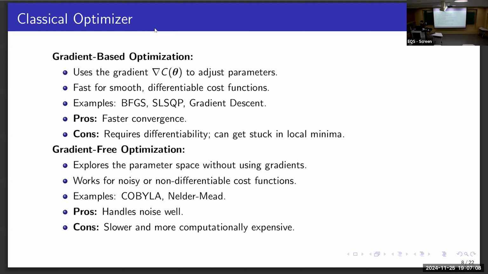The good thing is faster convergence, but it requires differentiability, and we can get stuck in local minima. That's the con. Gradient-free optimization works for noisy or discrete cost functions as well and handles noise very well, while it is slower and more expensive than gradient-based.